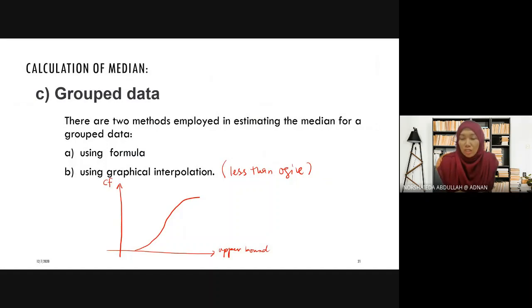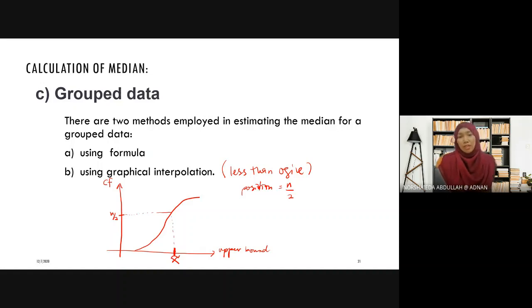The position is n over 2. So for n over 2, we look at the cumulative frequency. Where is n over 2? And then we do graph interpolation, and then we look at the X axis to see what its value is. So this is the value of the median, right?